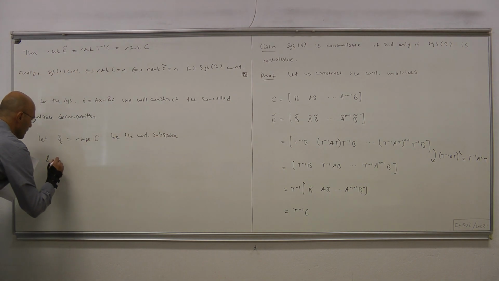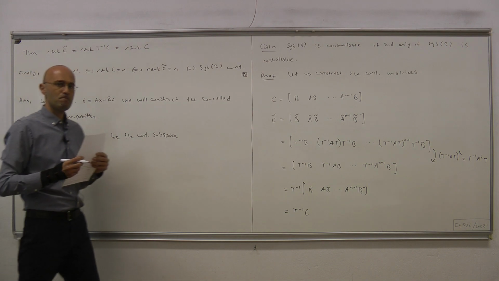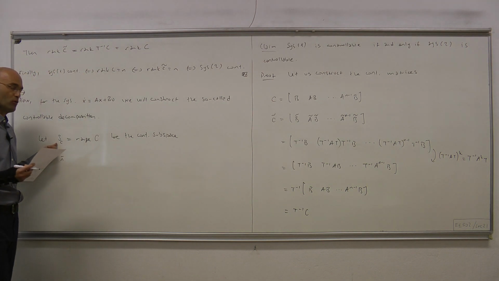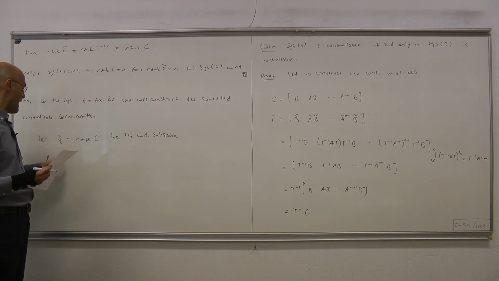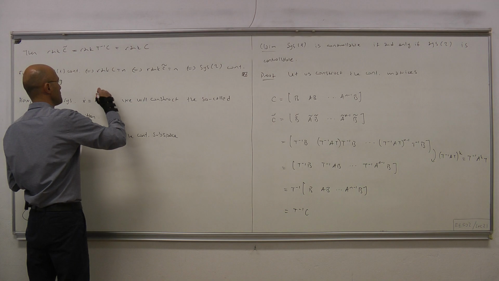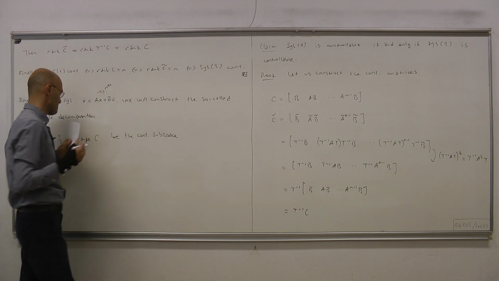And we let n bar be the dimension of the subspace. Now, that dimension of the subspace can be at most n, where n is the order of our system, A is n by n.